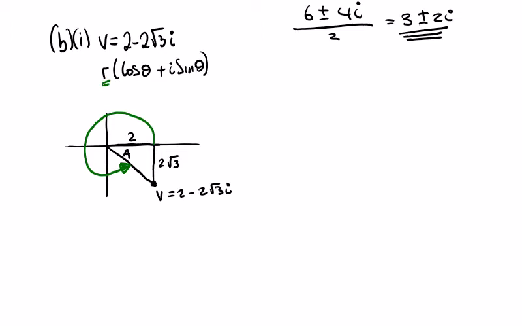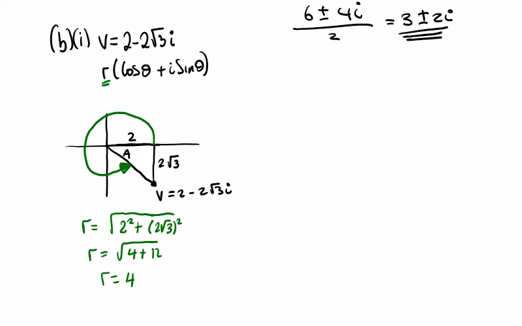So let's get r. R is equal to, it's just Pythagoras, 2 squared plus 2 root 3 squared. R is equal to the square root of 4 plus 2 squared by root 3 squared, which is 12. So the square root of 16. R is equal to 4.